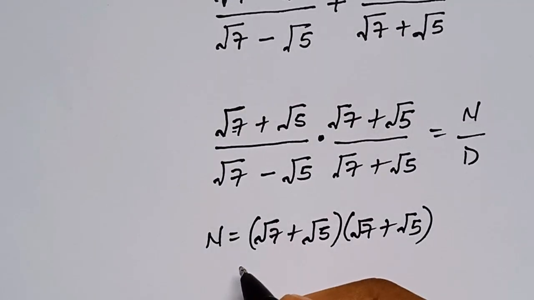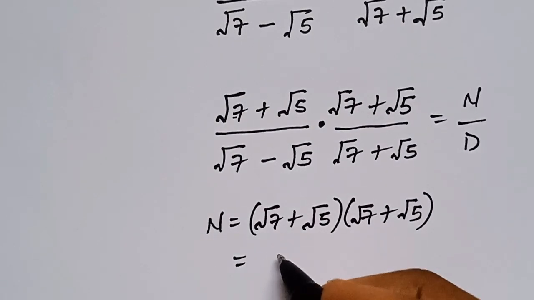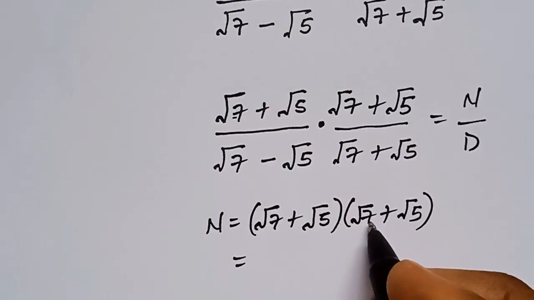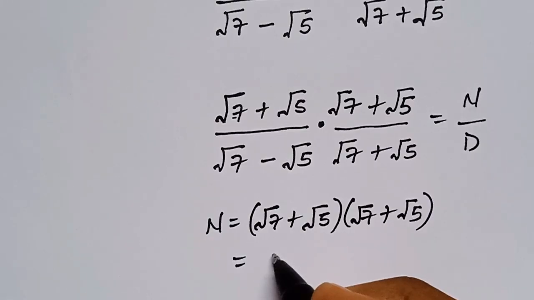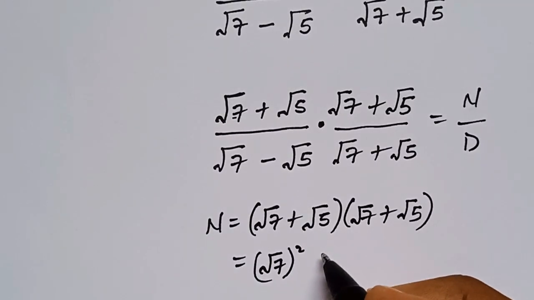So the expansion of this gives us square root of 7 multiplied by square root of 7, we have square root of 7 squared.